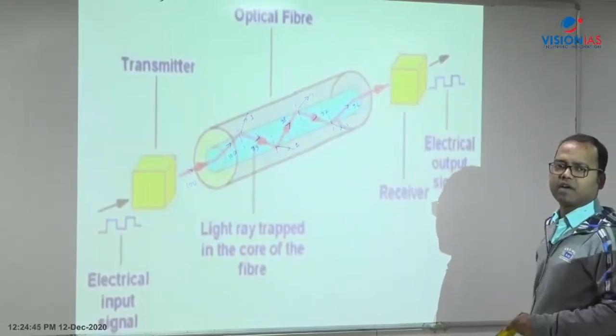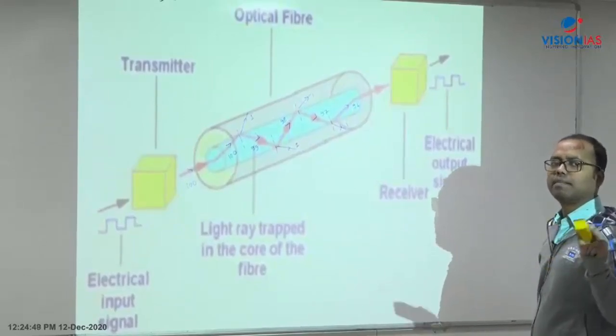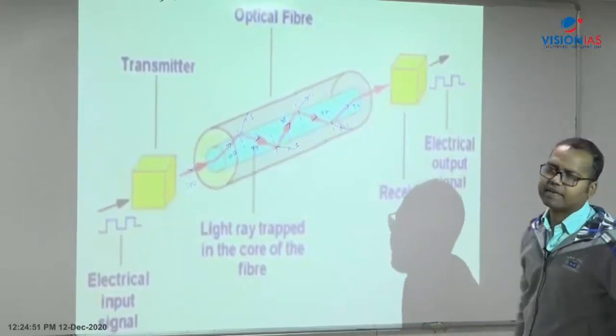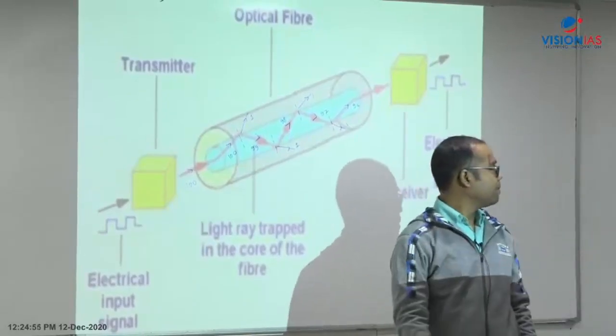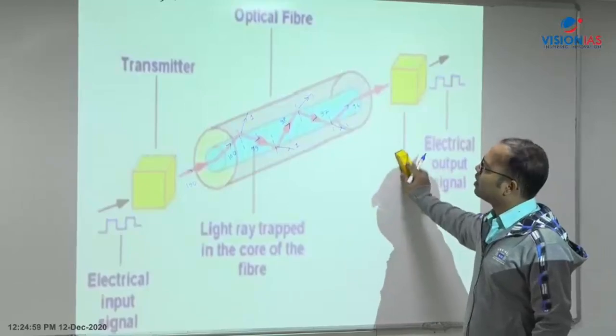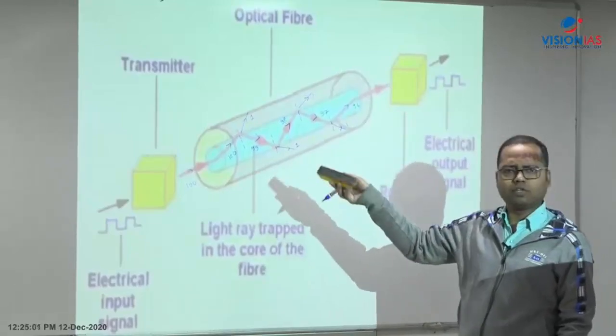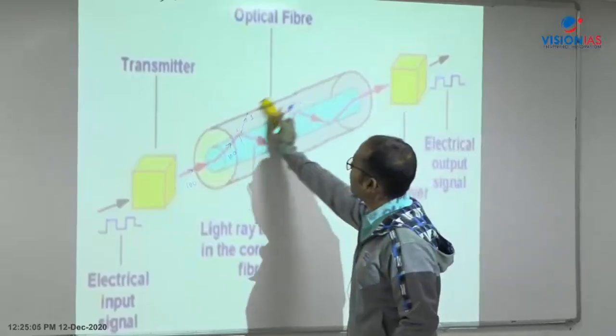But in optical fiber, there is no hindrance. There is no message loss because refraction at any surface is not observed. So that is why optical fiber is better way of communication. Okay? So this you can anytime make. This is just for your understanding. I have made this.